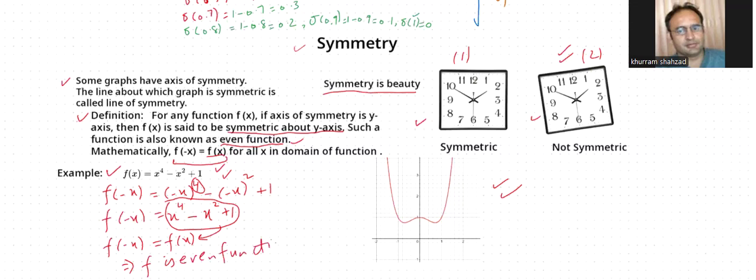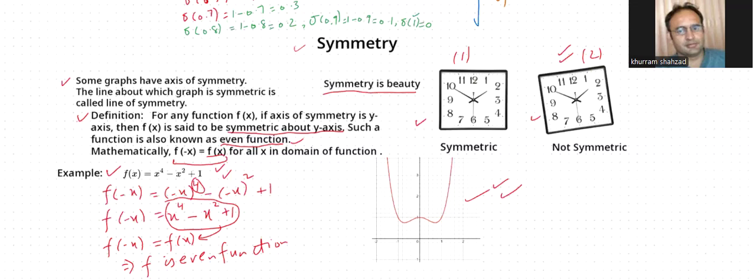This is the way to check whether a function is even or not. Even means, again, symmetric about the y-axis, like this graph. This graph is symmetric about the y-axis. It is clearly visible from this graph.